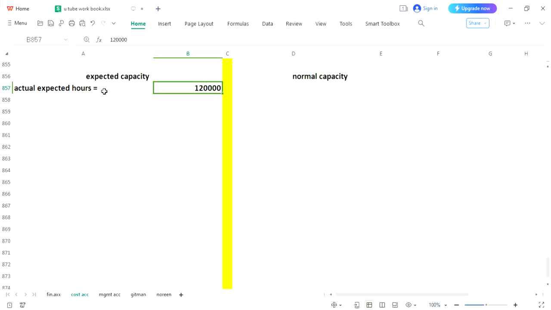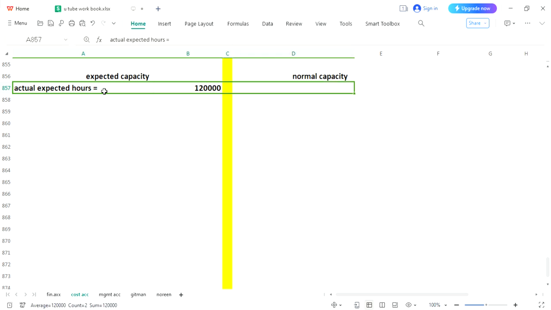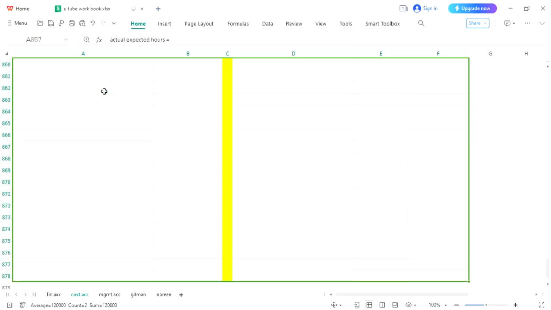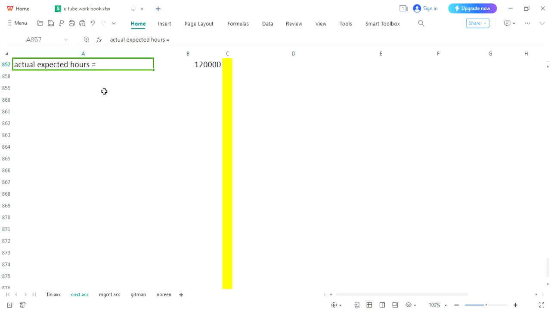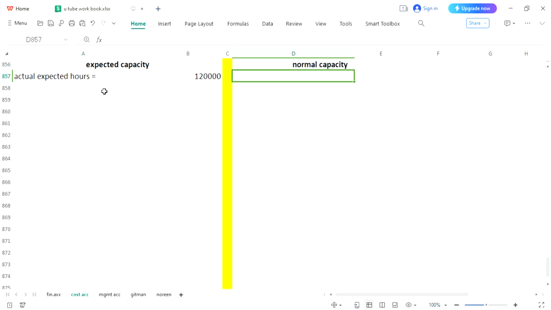All right, and then we will see how many hours are considered for normal capacity. Obviously hours would be given over here, so we can write normal hours. How many normal hours do we have?